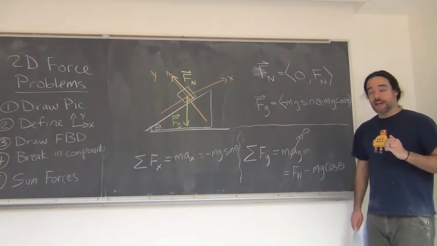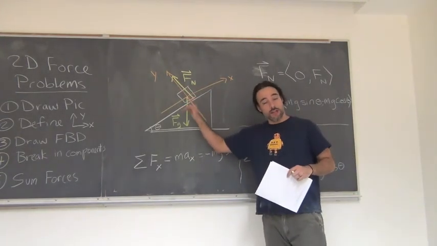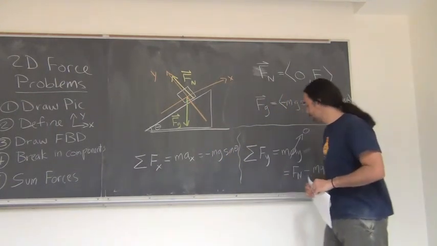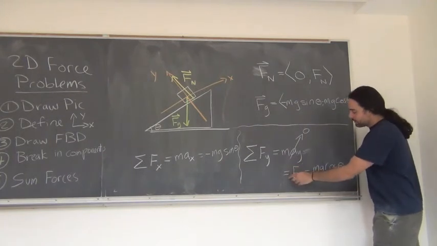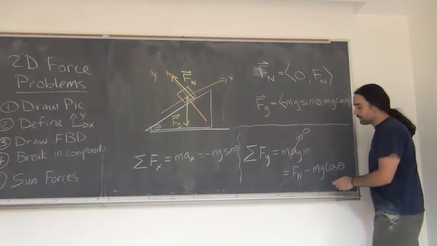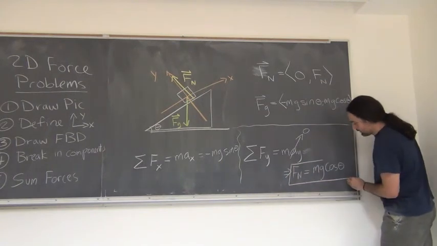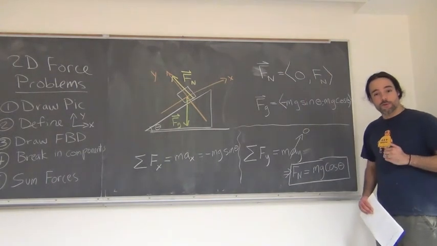Why does that acceleration have to be 0? Well, the block is not moving up and down off the ramp, it's just staying on the ramp. Therefore, the acceleration in that direction has to be 0. But that means, if this side has to equal 0, the normal force is equal to mg cosine theta. So we found a way to figure out what the normal force is.